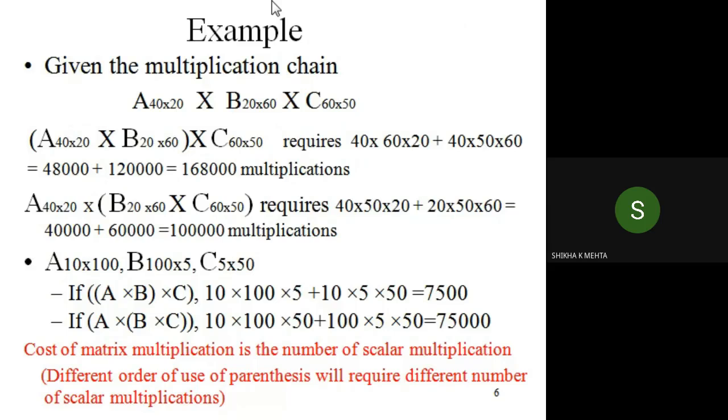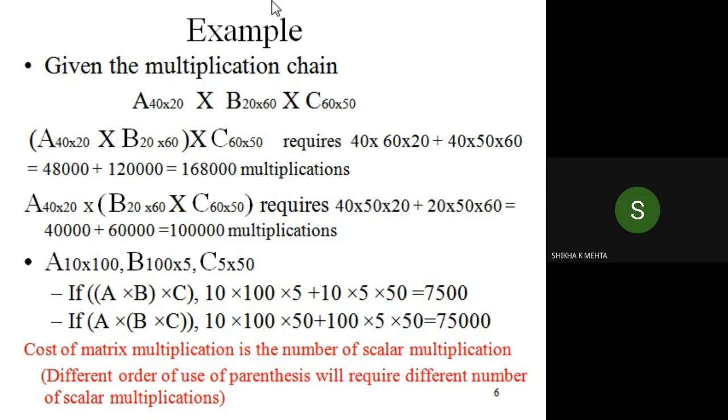Here we have taken three matrices A, B, and C. Let us say we multiply A and B first, and then we multiply the result with C. So this will require 40 into 20 into 60, which is 48,000.